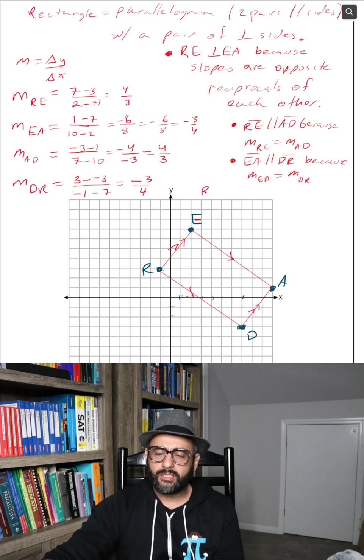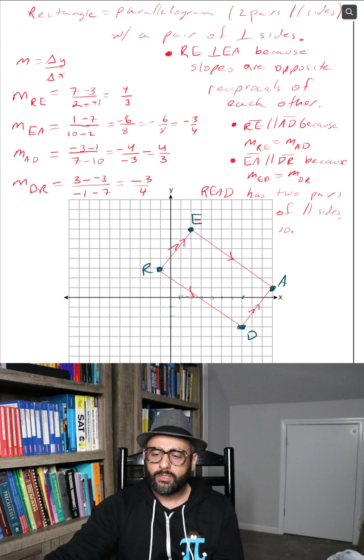So READ has two pairs of parallel sides.